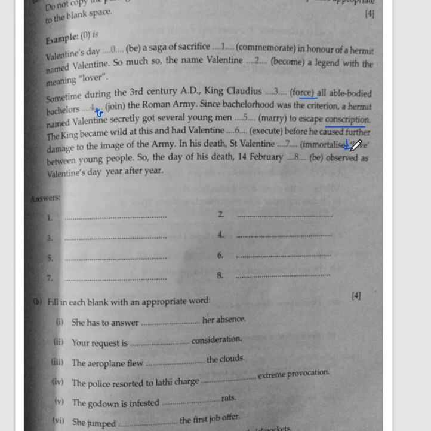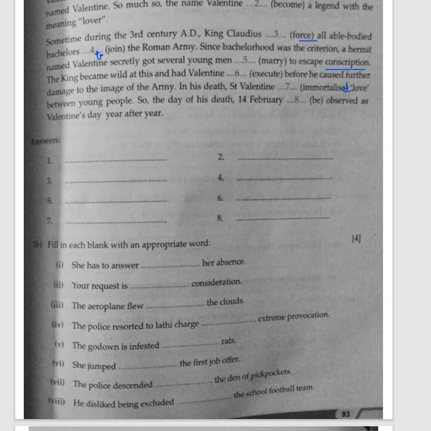Saint Valentine immortalized love between young people. So the day of his death, 14th February, is observed as Valentine's Day year after year. Or you can go for is being observed. Is observed or is being observed, any you can use. So the answer will be in this way. You can write this answer.